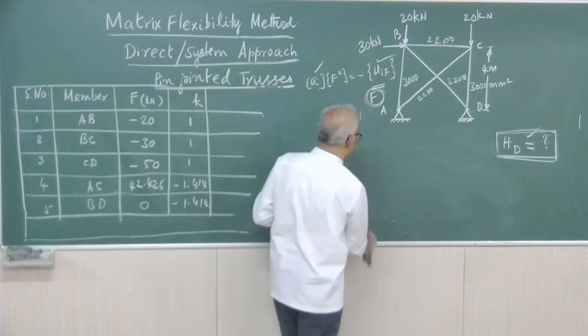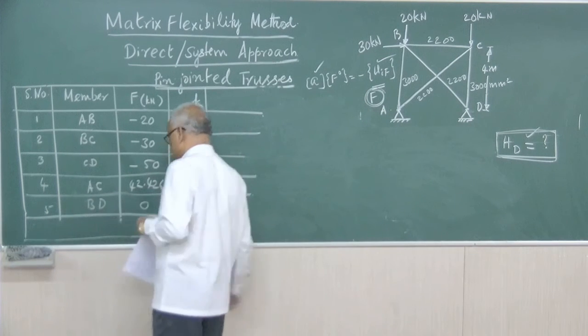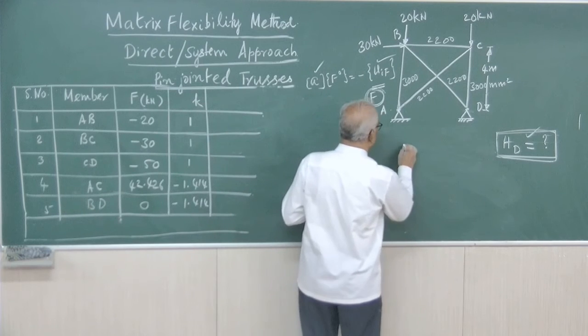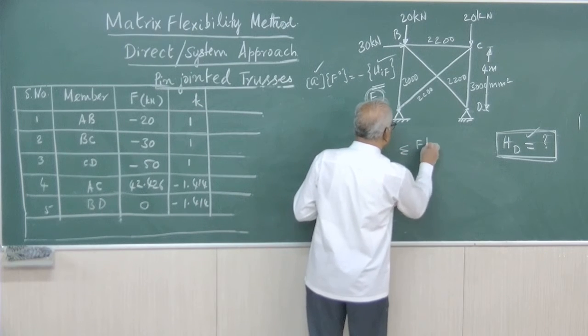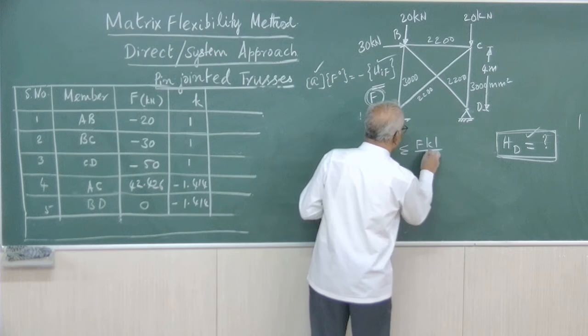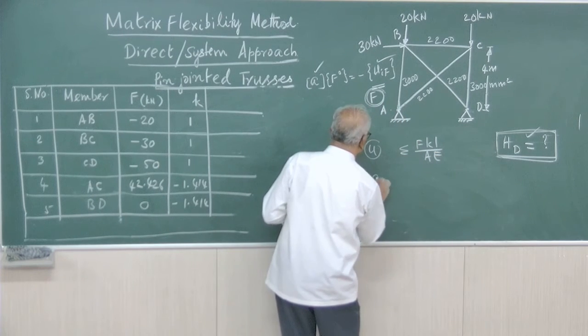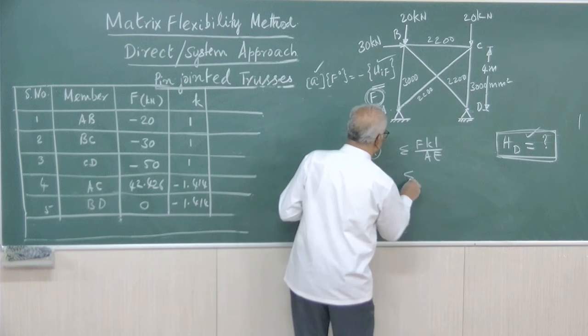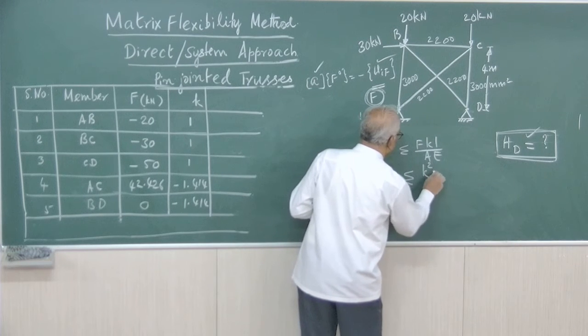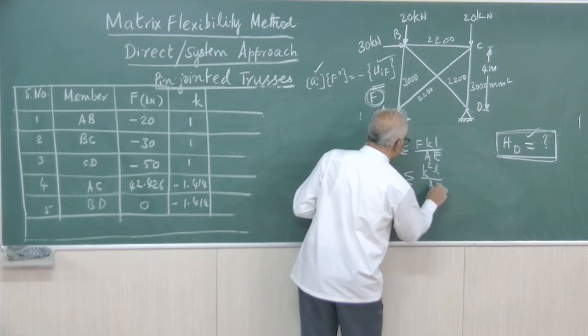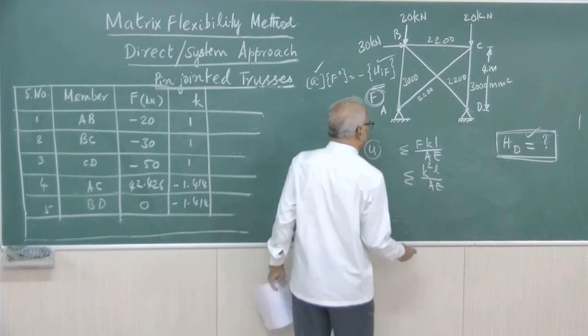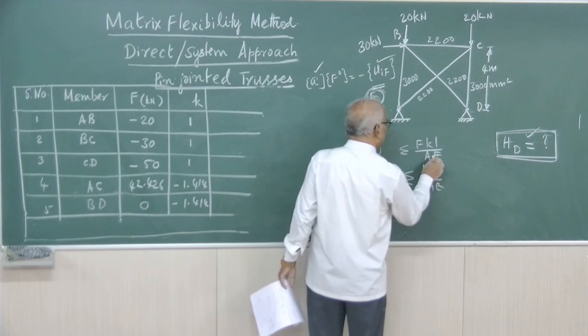Now here we are going to find out sigma FKL by AE for getting the value of U. For getting the value of delta, you are going to find out sigma K square L by AE. Now Young's modulus is same, but areas are different.